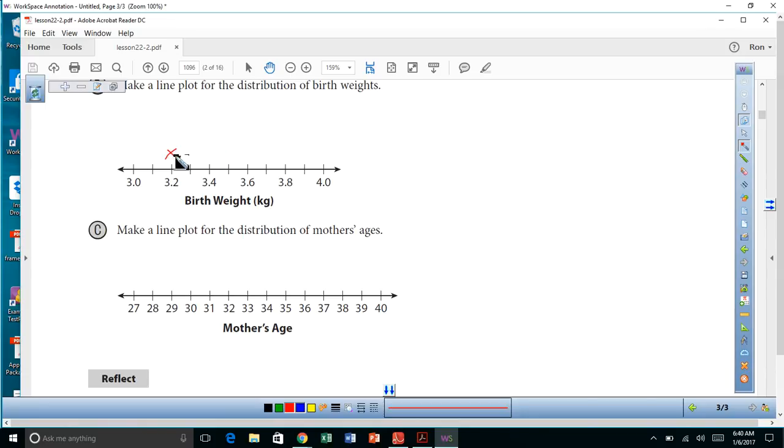3.2, there was 1. 3.3, there was 2. 3.4, there was 4.